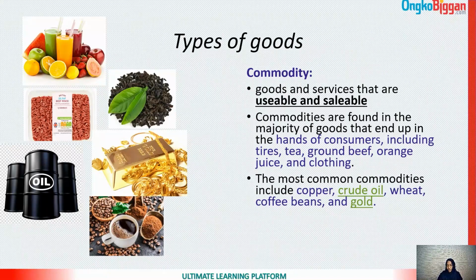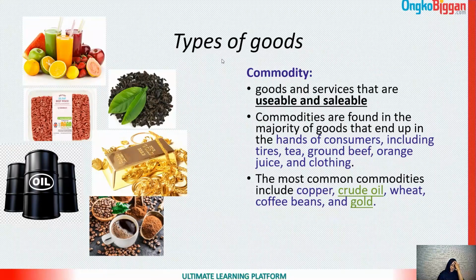All goods are not commodity, but all economic goods are commodity. Only economic goods are commodity. They are usable and sellable. Commodities are found in the majority of goods that end up in the hands of consumers, including tires, tea, ground beef, orange juice, and clothing.